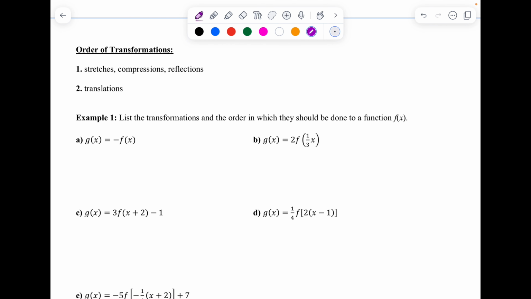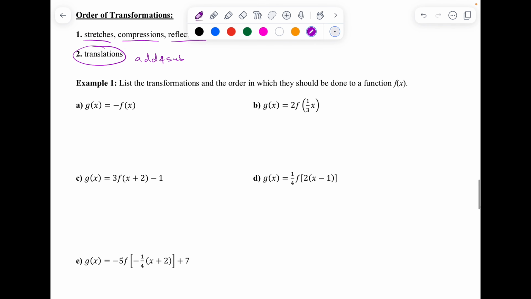We have to do stretches, compressions, and reflections first, and then translations. So stretches, compressions, reflections first, that's like multiplying and dividing. And then translations is like adding and subtracting. Okay? So, list of transformations and the order in which they should be done.